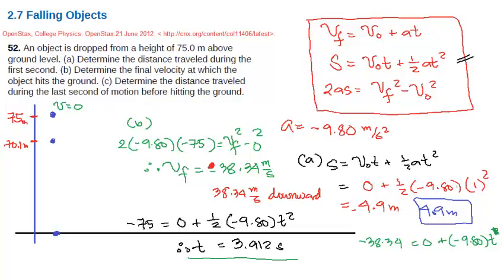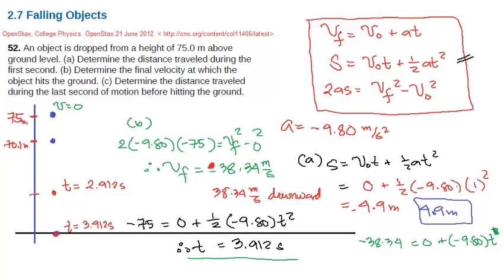Last second means the ball is somewhere here at t equal to 2.912 seconds, and the ball is here already at the ground at 3.912 seconds, which means we could just solve for how far downward the ball has moved starting from rest with t equal to 2.912, right? So let's solve for that. How far does it move downward?